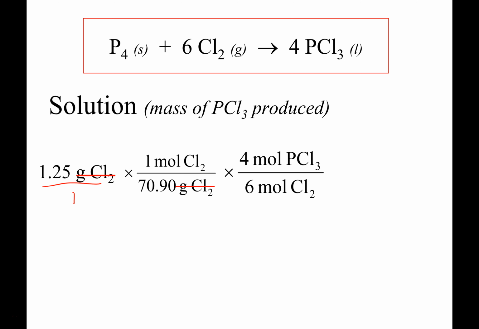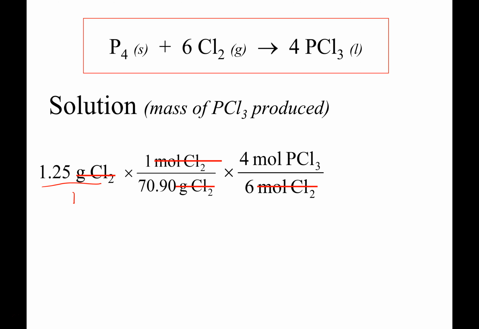For my stoichiometric ratio, I'm going to use the stoichiometric coefficients, and I want moles of Cl2 to cancel, and the coefficient in front of it is 6, so 6 moles of Cl2 is going to go in the bottom, and I want to go to moles of PCl3, and the coefficient in front of that is 4, so I have to bring down my 4. That's the ratio, that's the recipe. Cool. So moles of Cl2 cancel.